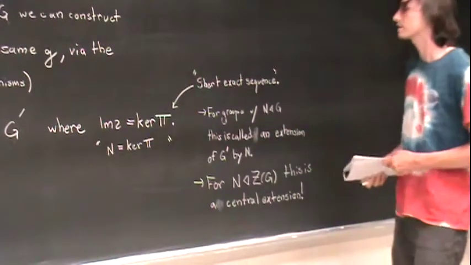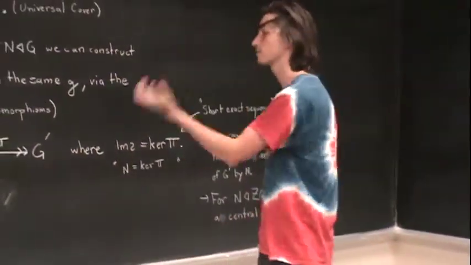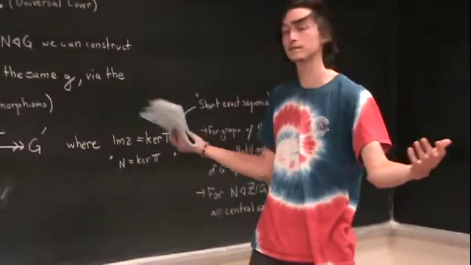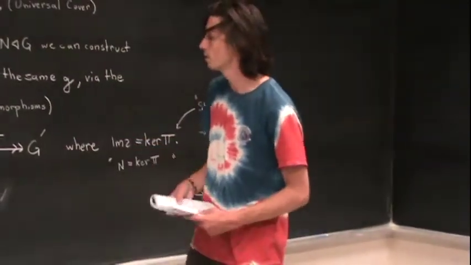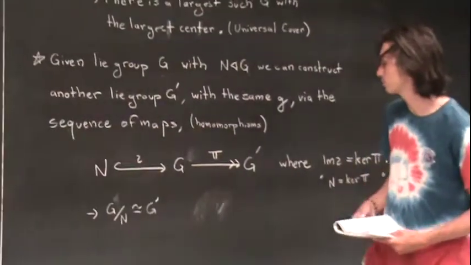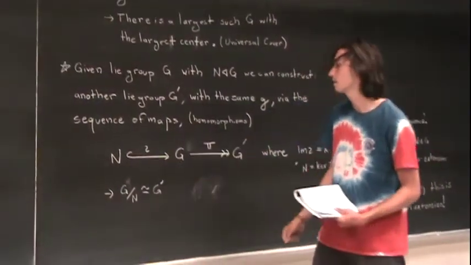Cool. Now, this might seem like a bunch of mathematical jargon. However, this will become an extremely useful tool to us. And actually, the next thing that we're going to see is a very famous example of one of these central extensions that one can use to construct a smaller group from a bigger group.